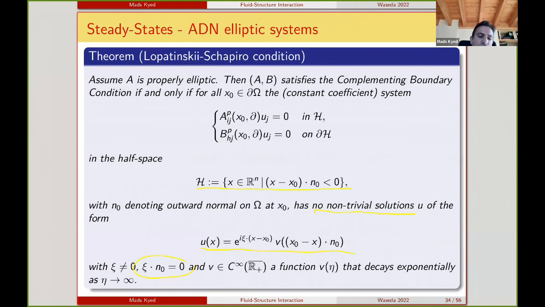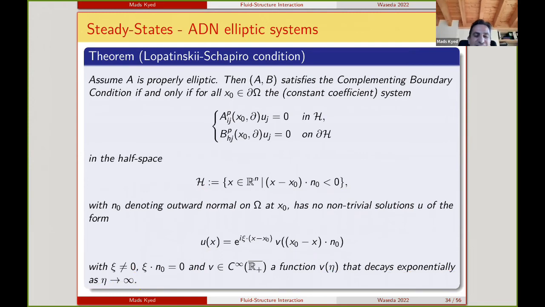Whenever you have a solution U to the half space problem of the type you see down there, with an oscillating term times a function v that decays exponentially, whenever you have a non-trivial solution of this form, then it has to be 0. That was not formulated very well, because a non-trivial solution means that it's not 0. As it says here, the condition states that if there are no non-trivial solutions of this form, so whenever you have a solution of this form, you have to show it's 0.